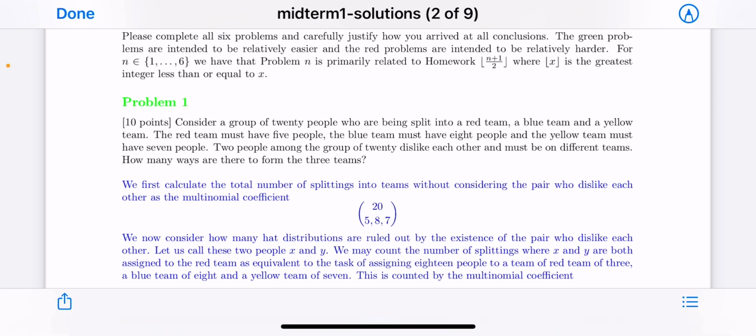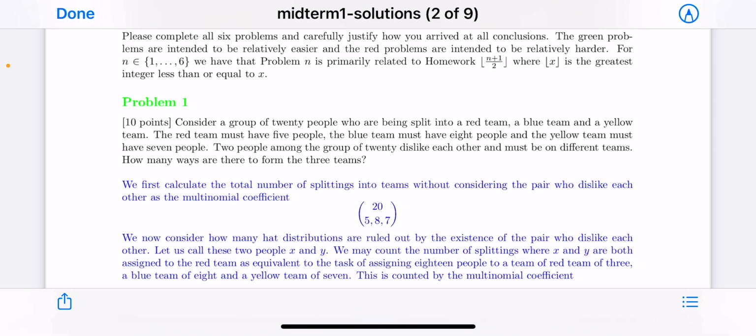Now we need to compensate for how many splittings are ruled out by the existence of this pair who don't like each other. In the solution here, I have the phrase hat distribution. That's a hangover from a previous version of this question. You can think of it as a typo.